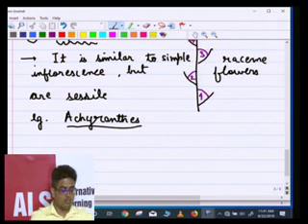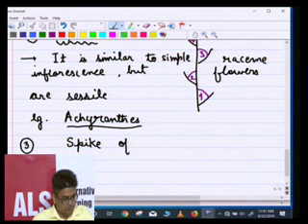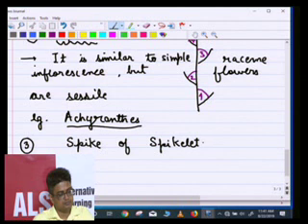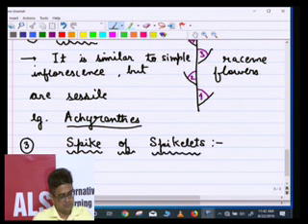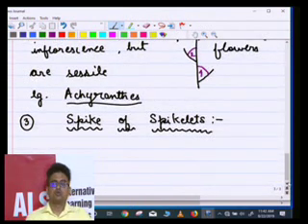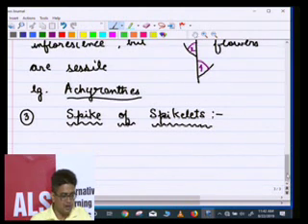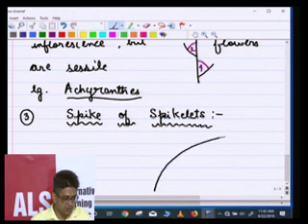Spike is good, but the most commonly asked question is about spike of spikelets. Spike of spikelets. Let me draw a plant for you as an example, and let me see if you remember this or not.